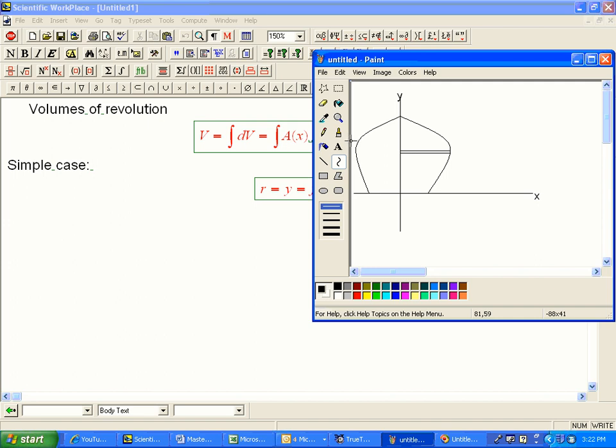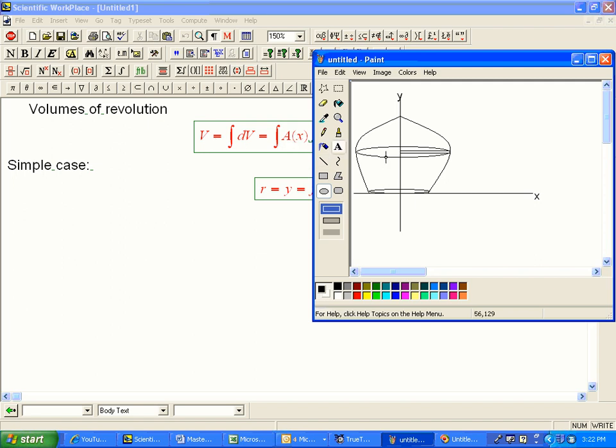I'll even try to put in an ellipse. So I'm revolving it around like this, to make the surface of an object of revolution.